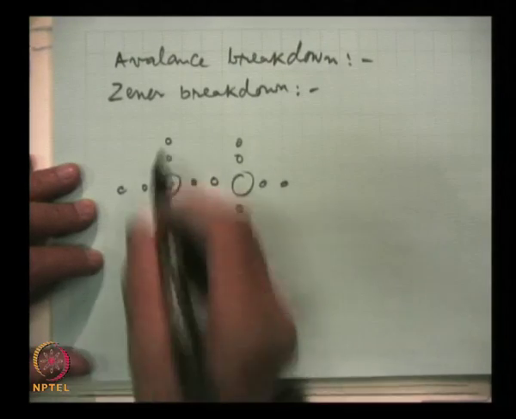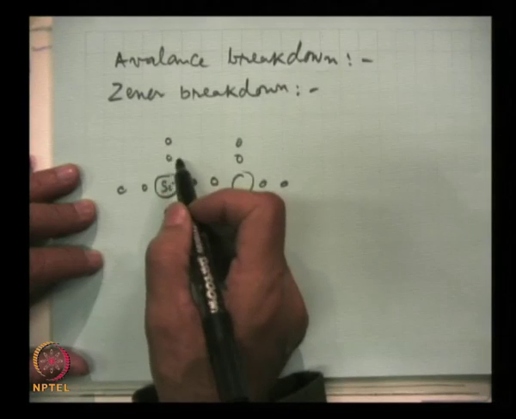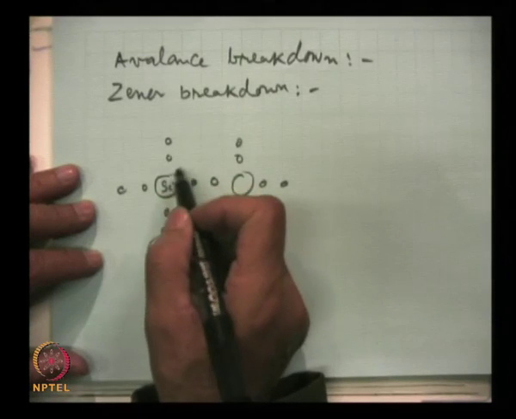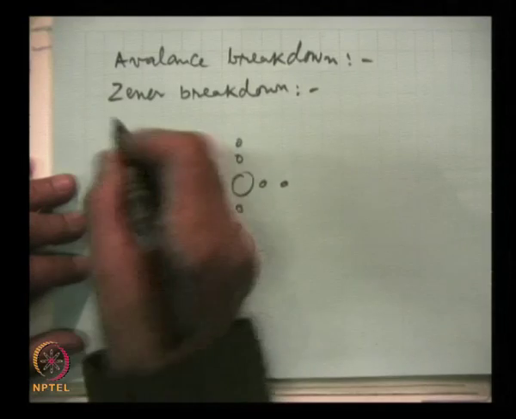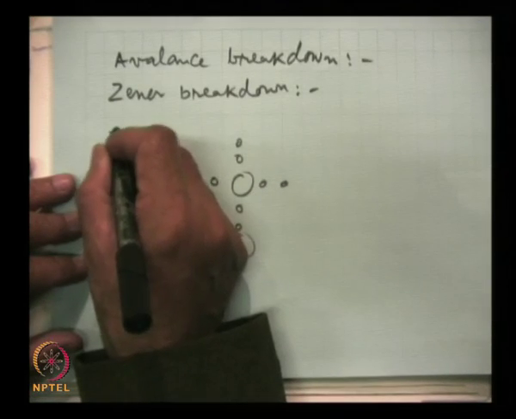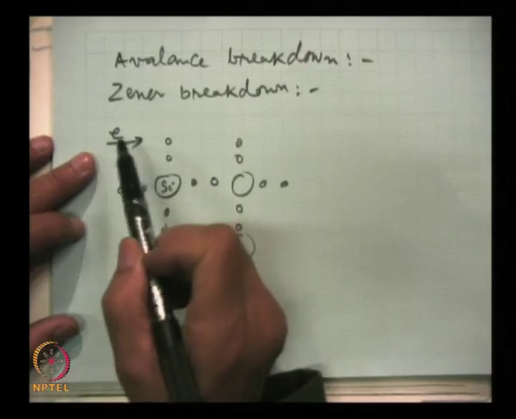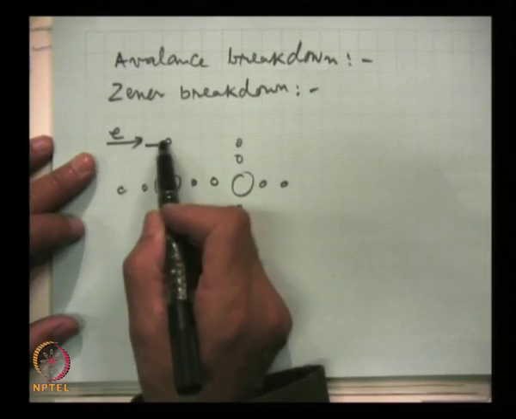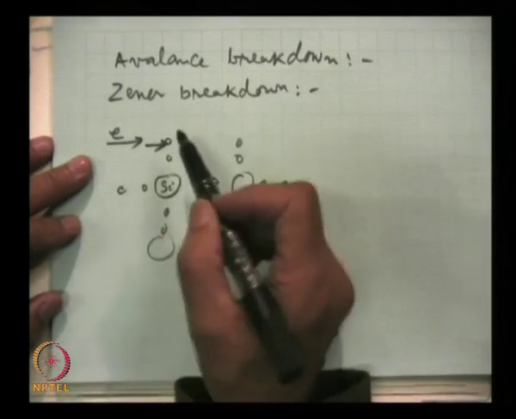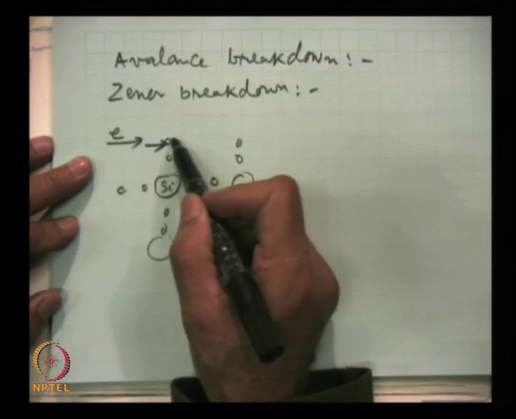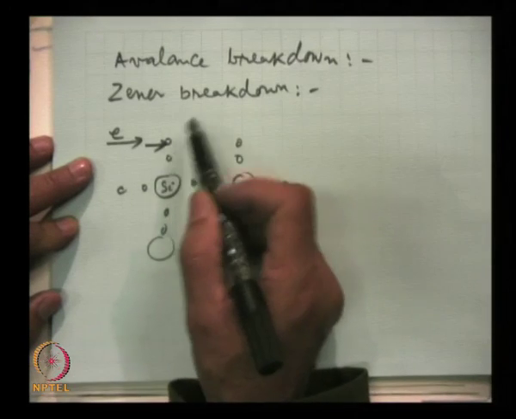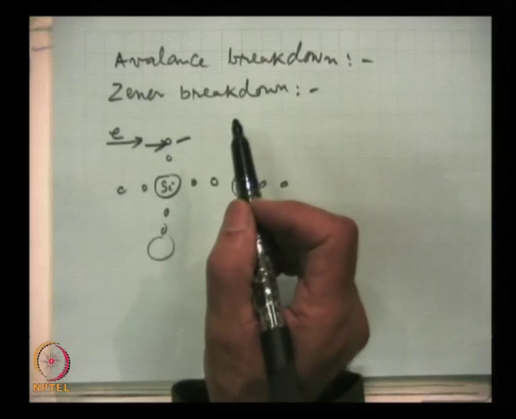These are all silicon, these are the outermost electrons, which are the valence electrons, and this is the highly energetic electron. It gains enough energy that it makes an impact here, and it is able to knock out this electron, so that they become two.